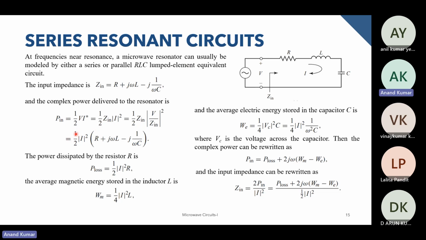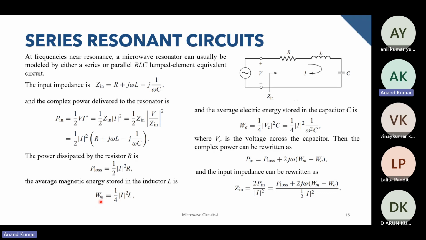If you look closely, the half I square R term is the power dissipated by the resistor, so we can write it as P loss, and the half I square j omega L term is closely related to the average magnetic energy stored by the inductor.